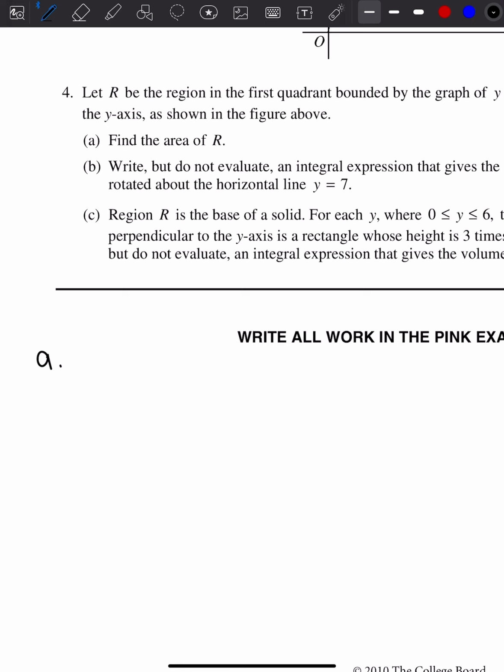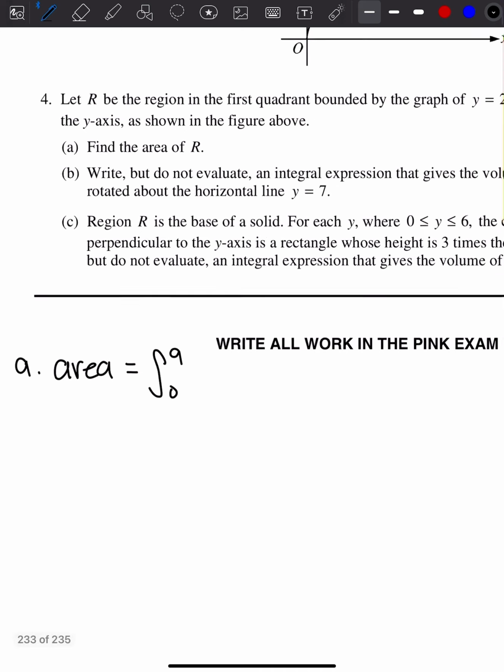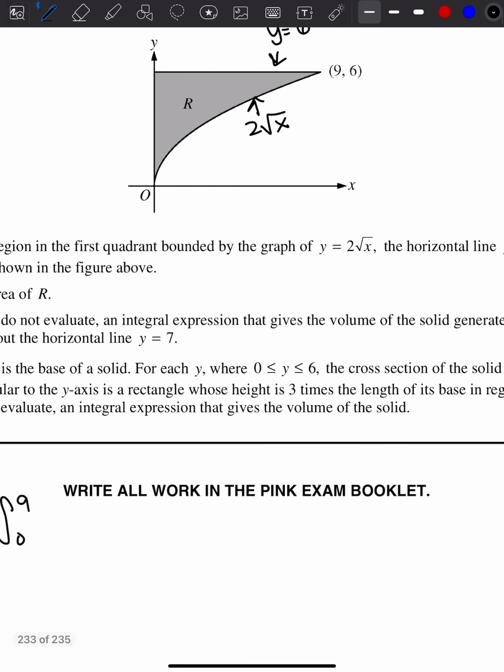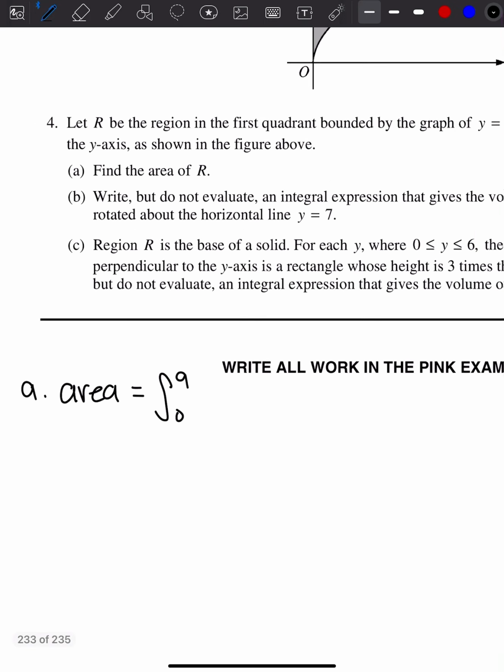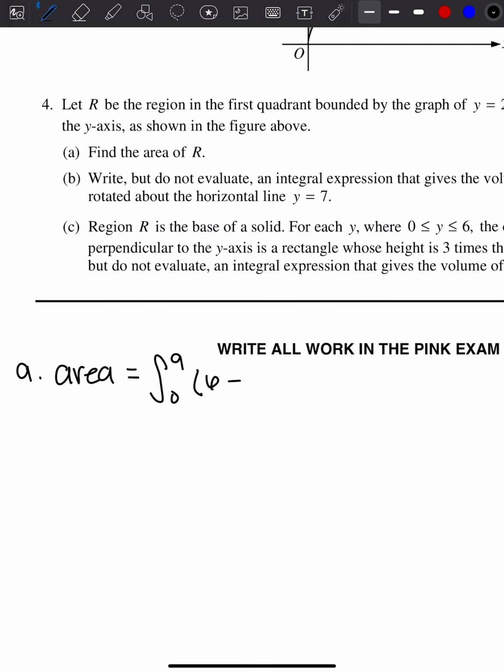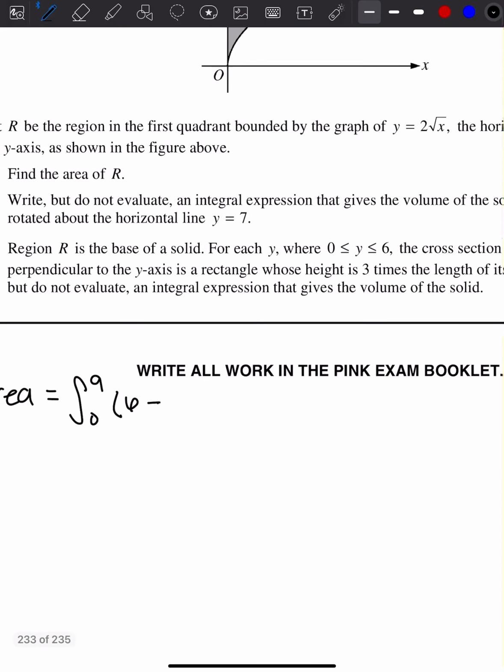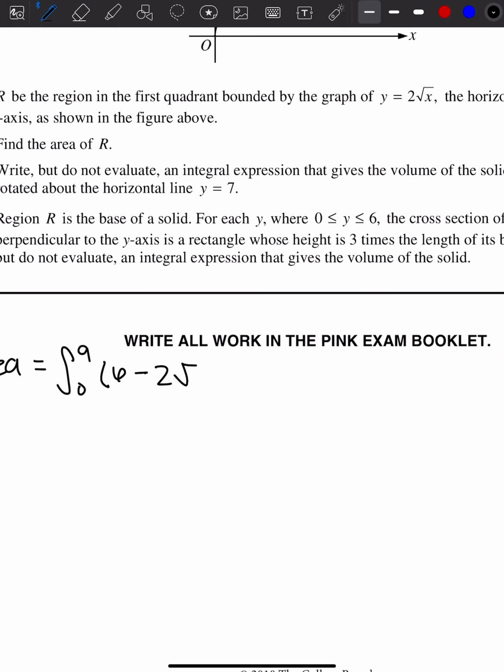So our area is equal to the integral from, we saw that it started at 0 and ended at 9, so it's going to be from 0 to 9 of top minus the bottom equation. Our top equation, like we said, was y equals 6, so we have 6 minus the bottom equation, which is 2 square root of x, dx.